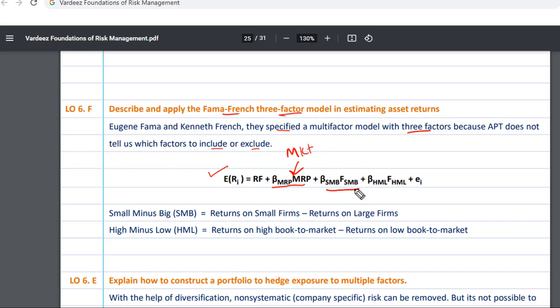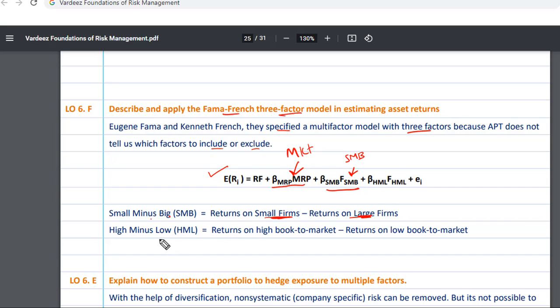The second one is the SMB. Now SMB is basically small minus big. The returns on small firms minus the returns on large firms give us the SMB factor. So this is the second factor that they have suggested. And the third factor is HML.